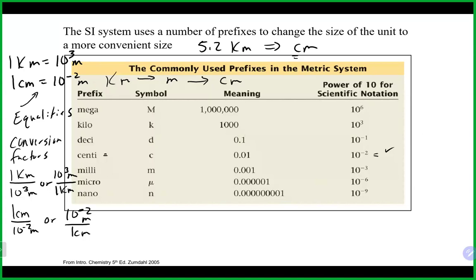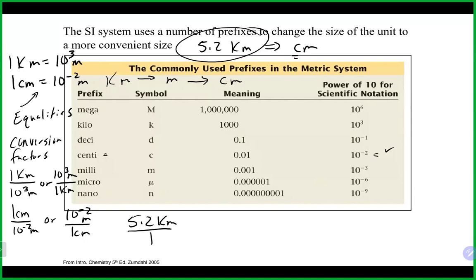To show you how this works, we'll start with what we want, and we're going to take my 5.2 kilometers. Although my 5.2 kilometers is not technically written as a fraction, you could think of it like a fraction, and if it helps you, you could even put a 1 on the bottom there. Now, if I was looking at the units of kilometers, is kilometers on top or bottom?